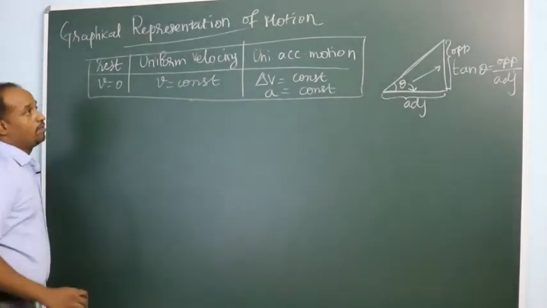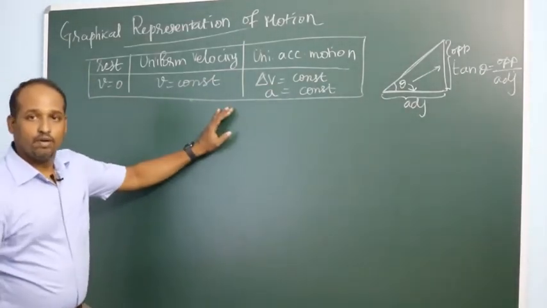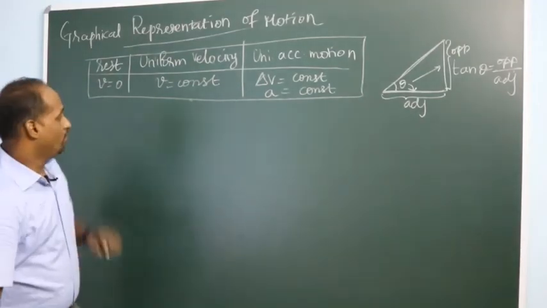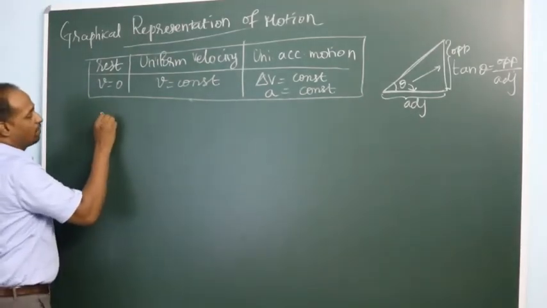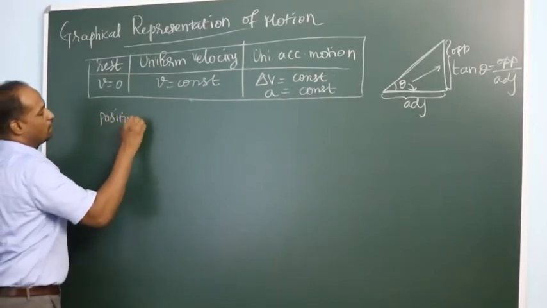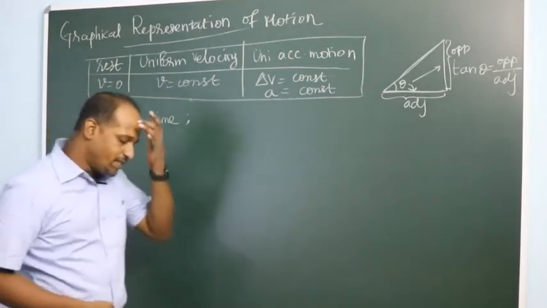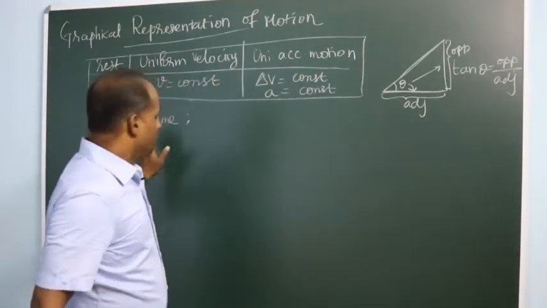There are three things which we would like to represent, and there are three types of graphs. One is position time graph, because whether we like it or not, whether the object moves or not, the time flows.